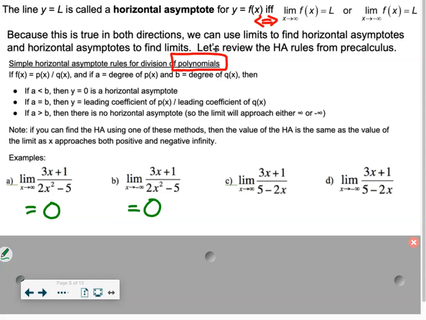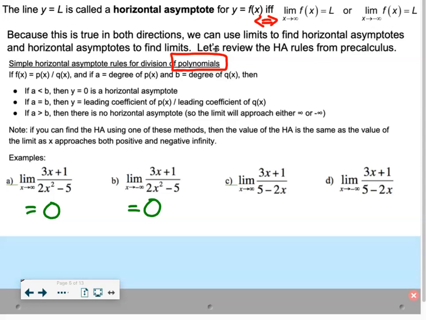With these simple rational functions, the rules apply no matter which infinity you're pointing to. So for this, we would have a horizontal asymptote at y equals 0. And that would be it for both of these. It's just one asymptote for the function.